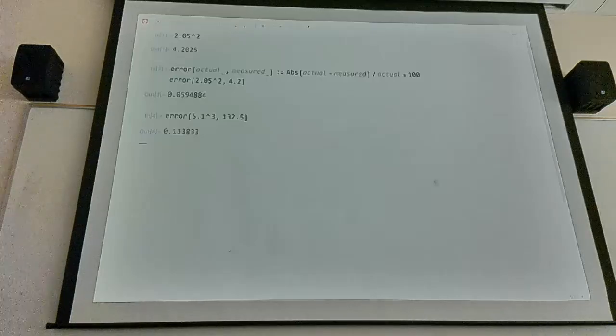So that's a 0.11% error, which is, again, still pretty good.